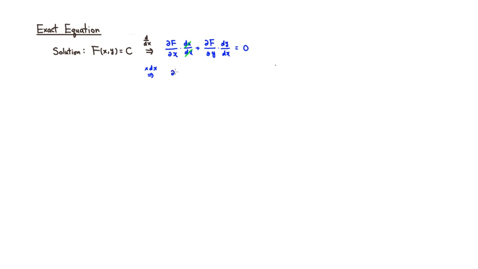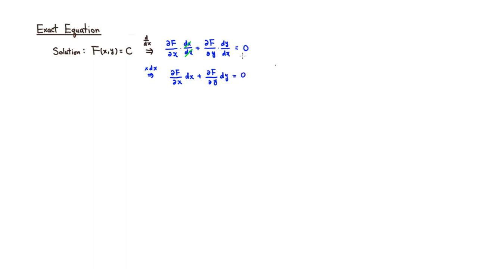So you have the partial of F with respect to x times dx, plus the partial of F with respect to y times, so the dx cancels out, so you're going to get just a dy. And then 0 times anything is 0.